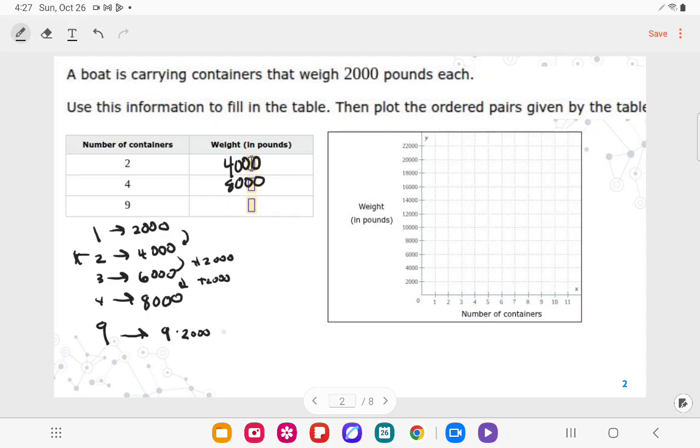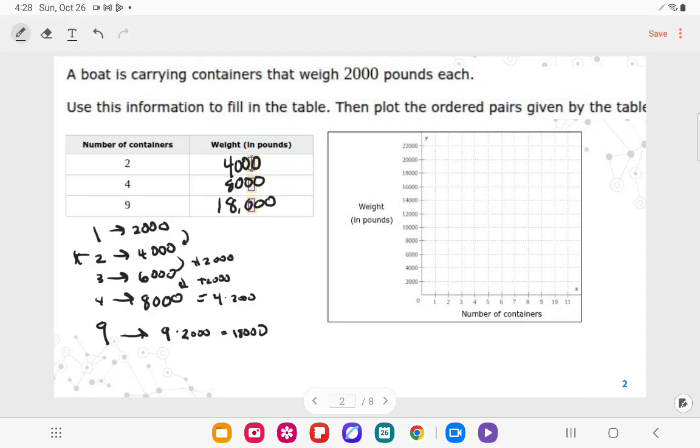So 9 times 2,000 is 18,000. And if I go back just to test, notice 8,000 is 4 containers times 2,000, and the amount equals. So let's go ahead and fill that in, 18,000.